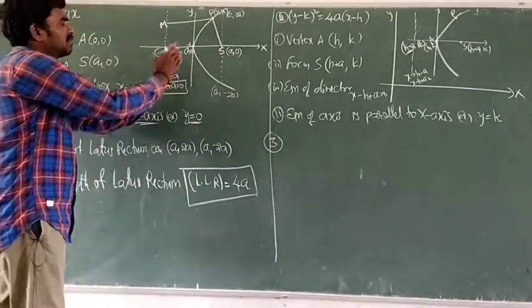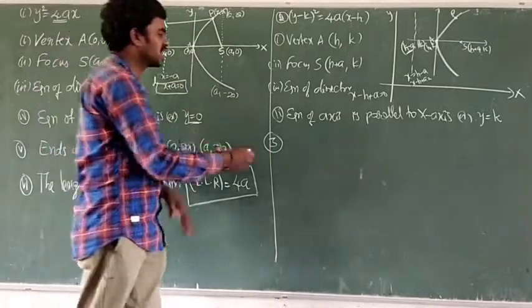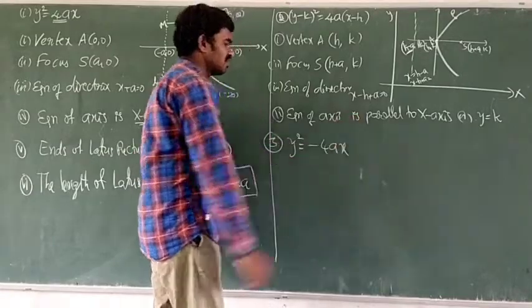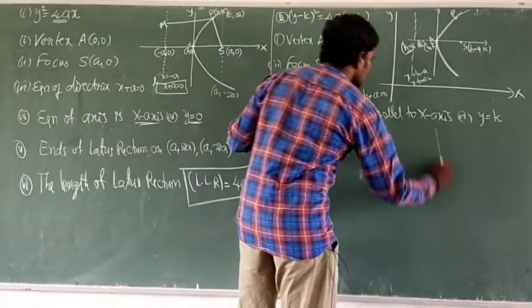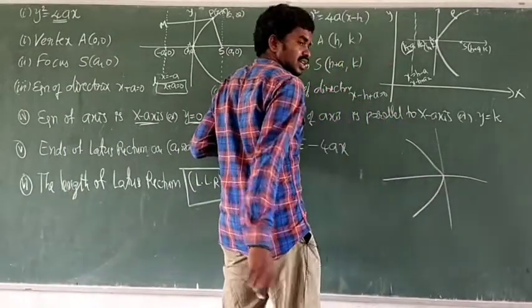The picture was on the right side. If it is on the left side, what is the equation? y square equals minus 4ax. The diagram will be on the left side of the y-axis.